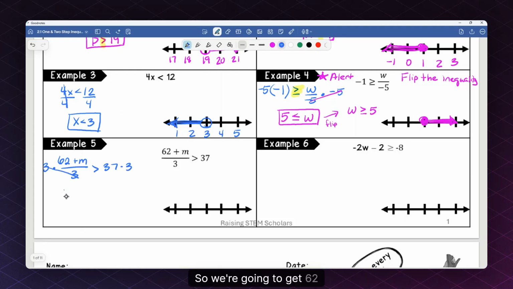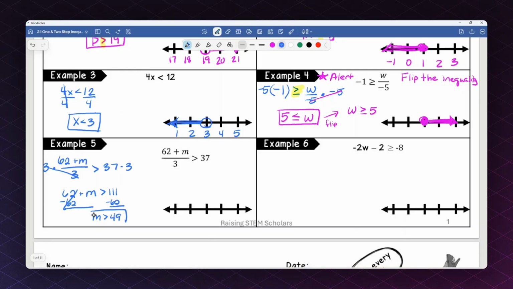So we're going to get 62 plus m is greater than, and then 37 times 3 is going to give me 111. Okay. To get m by itself, I'm going to subtract 62 from both sides. So that cancels. And I get m is greater than 111 minus 62, which gives me 49.